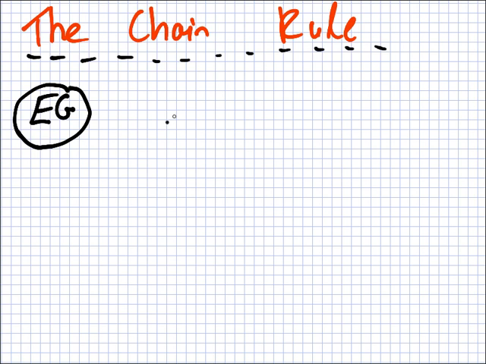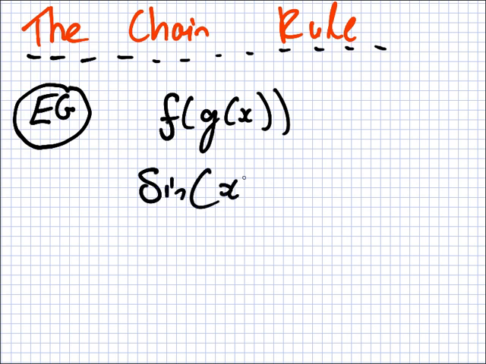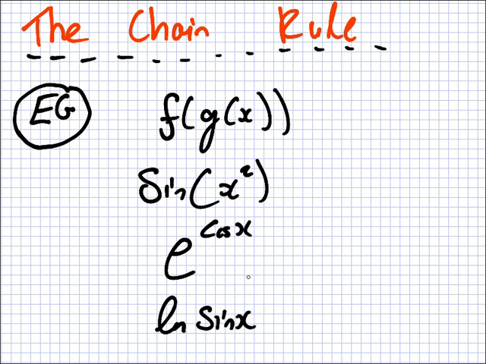Now, the chain rule is for problems like this. So, for example, sine x squared, e to the cos x, log sine x. You see, in these examples, you have two parts.